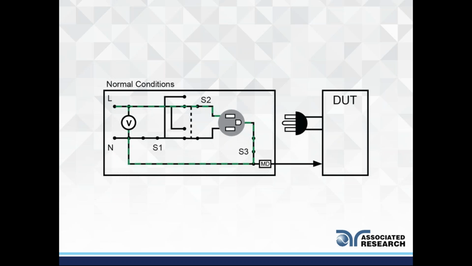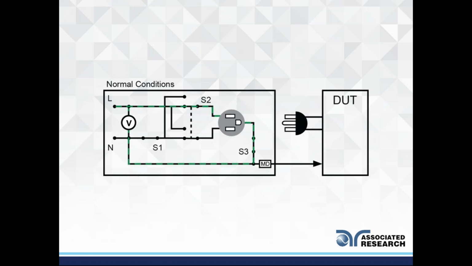During normal conditions, now this green line, I don't want you to think it represents your normal line neutral power, because obviously we would have this neutral highlighted green if that's what I meant, but what it's specifically showing you is the leakage current. So I have line and neutral. Let's assume this is connected to our adapter box here. So now my DUT is powered up. Line and neutral is supplying it with its input 132 volts, let's say.